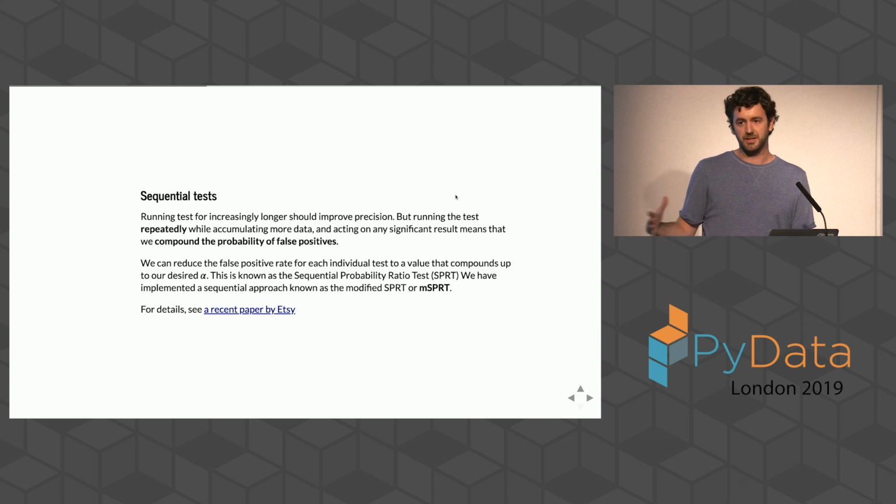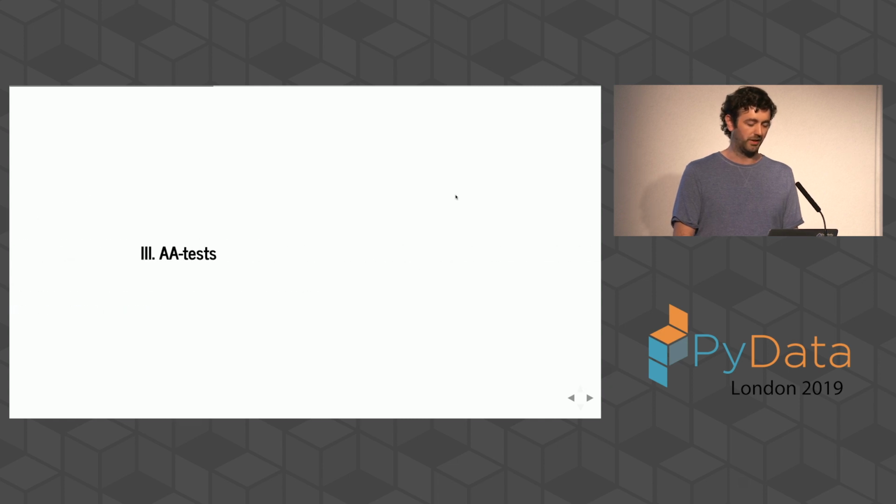You can run the test as long as you want and look at the data how many times you want without increasing the false positive rate, which we're going to talk about next, but it's a very interesting way of doing tests, and we can talk more about that in the end. We didn't have time to put everything in the presentations.